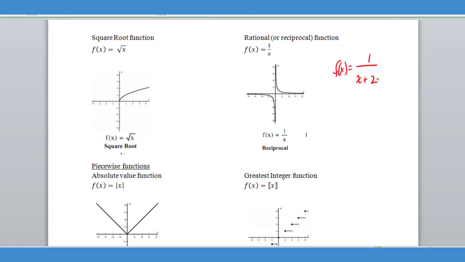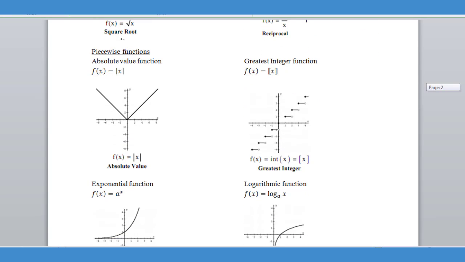Now, we may have mentioned this in class at this point. The reciprocal function has 2 asymptotes, which are barriers that the graph will not touch, and so you can see that curvature at the x and y axis. So asymptote is something that we'll discuss further in later lessons.